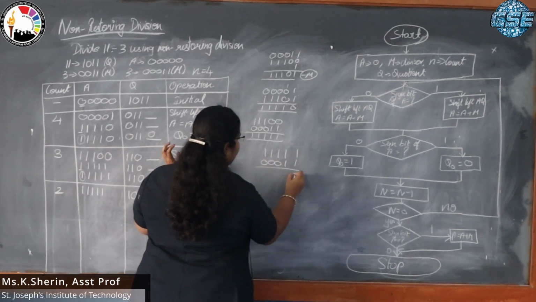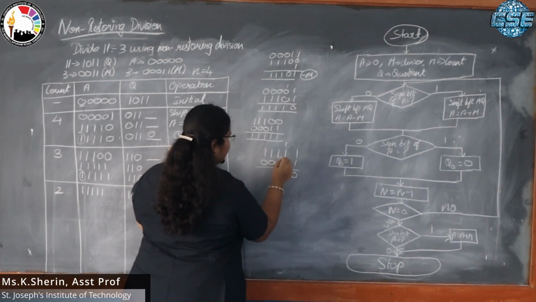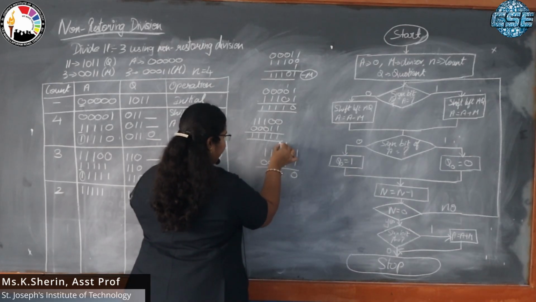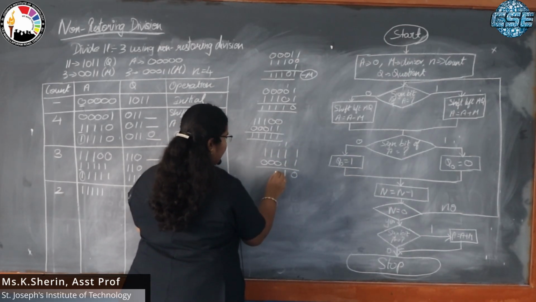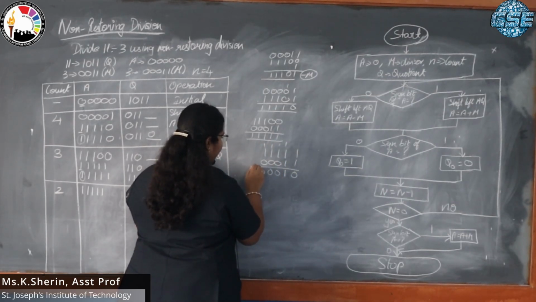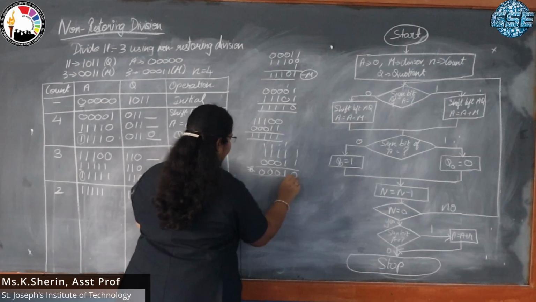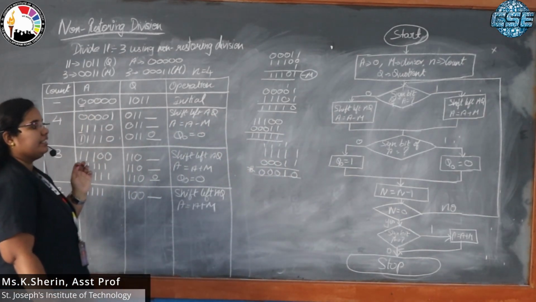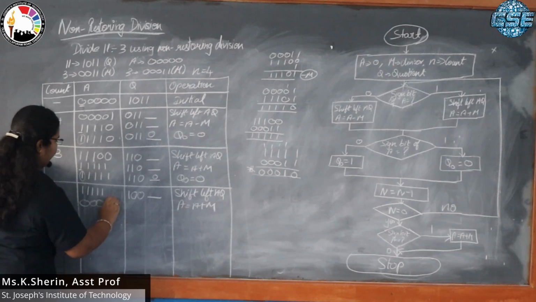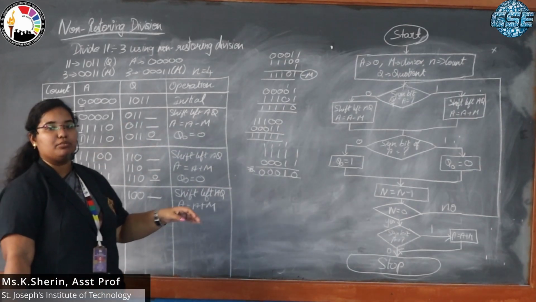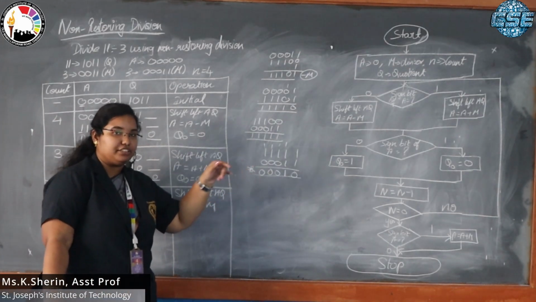So here 1 plus 1 is 0, again 1 plus 1 is 0, carry 1, then 1 plus 1 is 0, carry 1, 1 plus 1 is 0, carry 1, 1 plus 1 is 0, carry 1. You can ignore this particular carry, so you can write it as 00010.